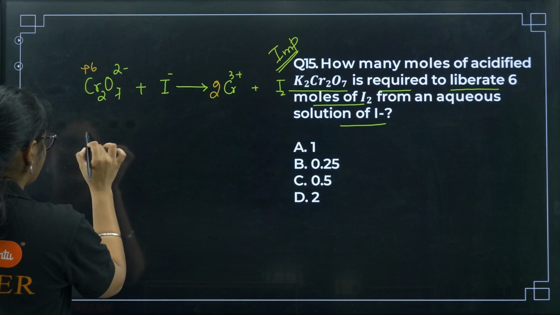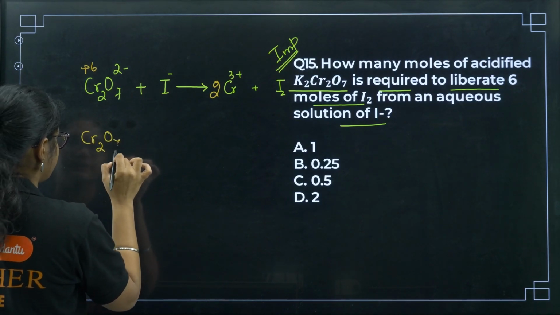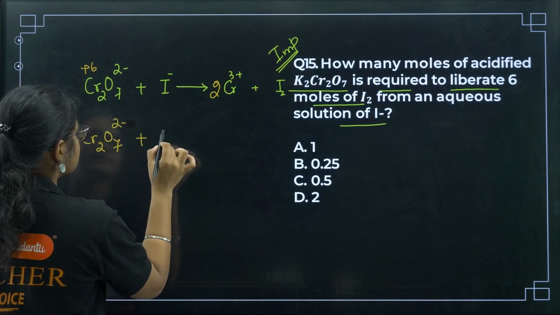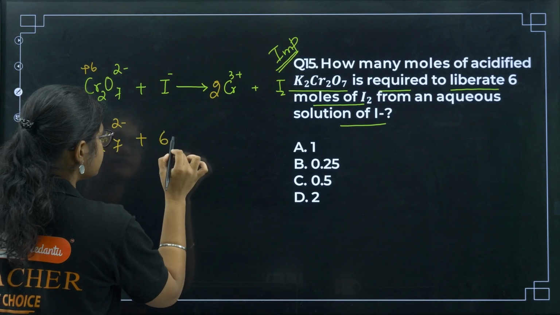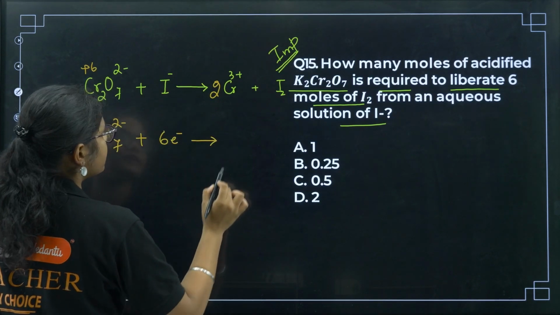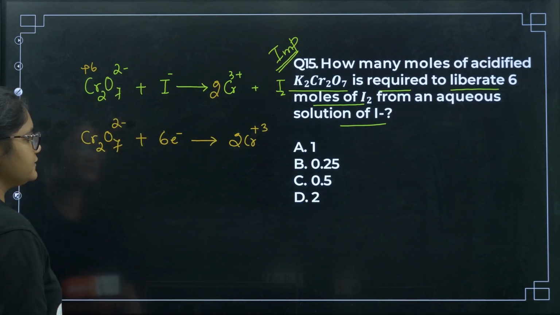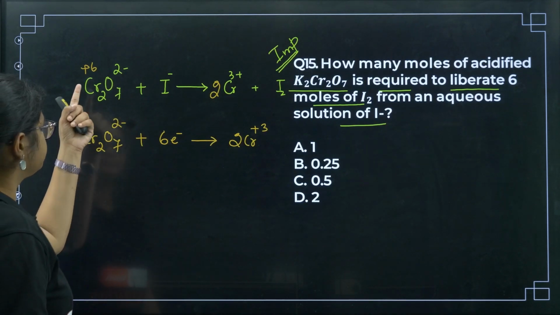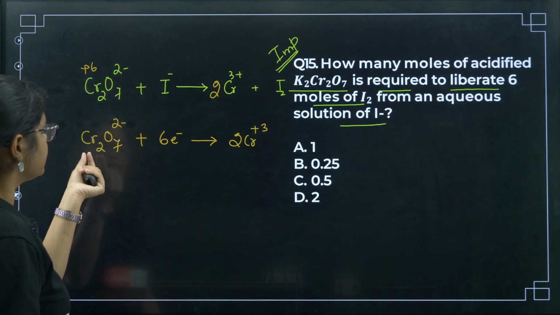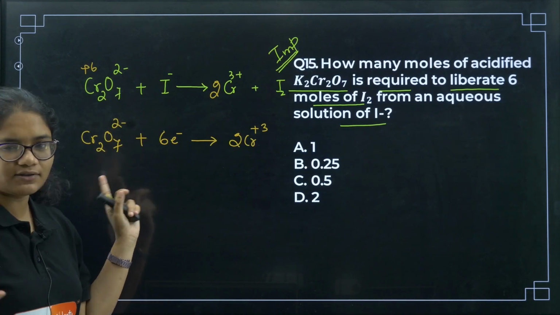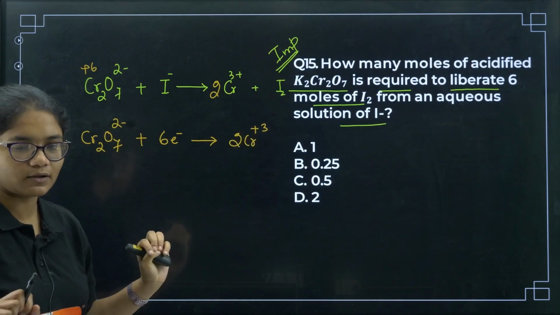So I can write Cr2O7 2 minus plus 6 electrons will give you 2 Cr3 plus. Yes, this is for 2 chromium. I have not balanced the oxygen atoms because that is nowhere required in the question.